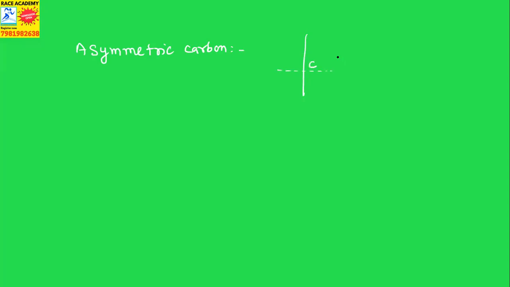Rest of the groups attached, you write them as A, B, C, D, and the carbon is linked with A, B, D and C. That is why we indicate the carbon with an asterisk, to identify it as an asymmetric carbon.